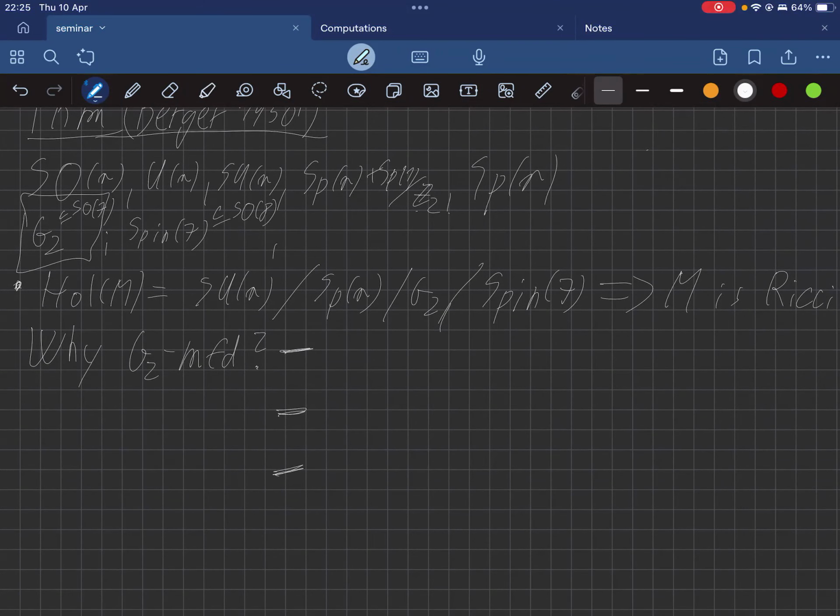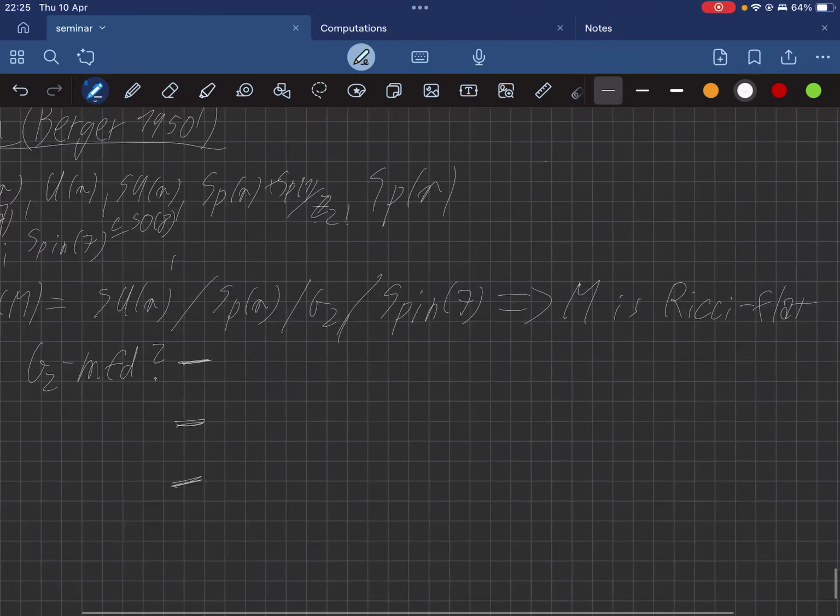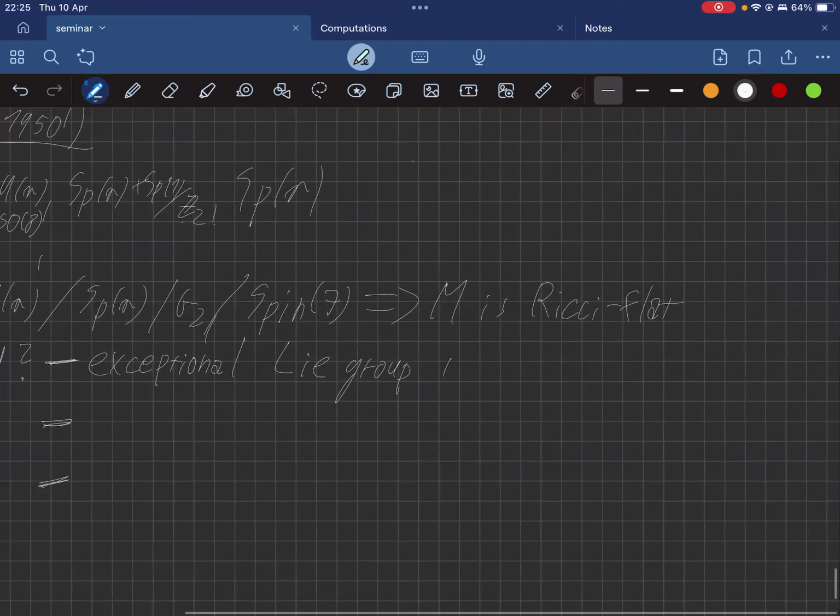So the first motivation is really a big motivation for me. It's an exceptional Lie group that is exceptional holonomy group. What do I mean by that?